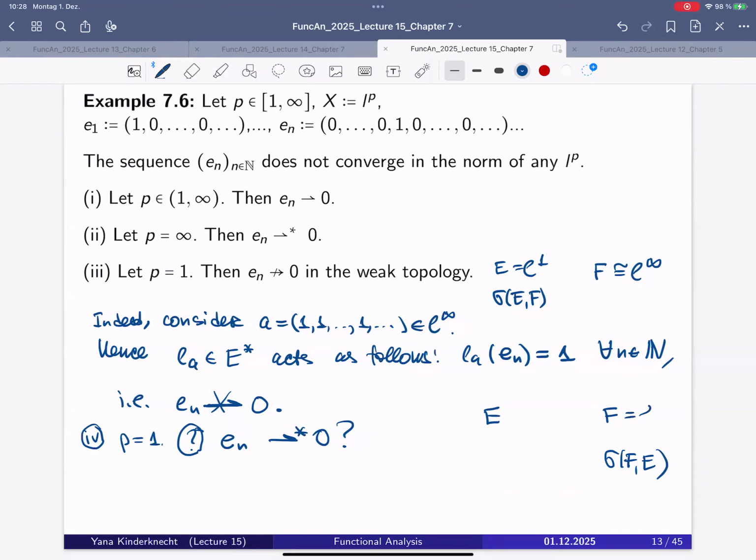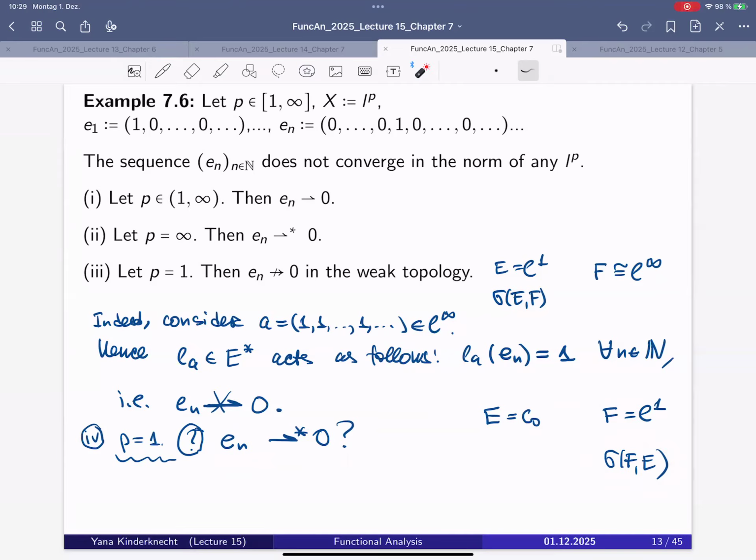No, F is L1, so this is my space. Right. But E should be such that L1 is its topological dual. So E should be c0, the space of all sequences which converge to 0. Then this is its topological dual, like this. And hence, this would be the weak star topology.